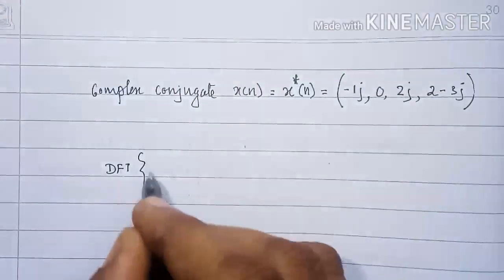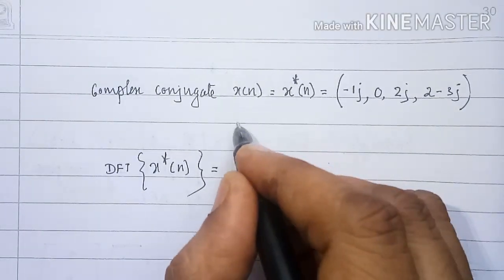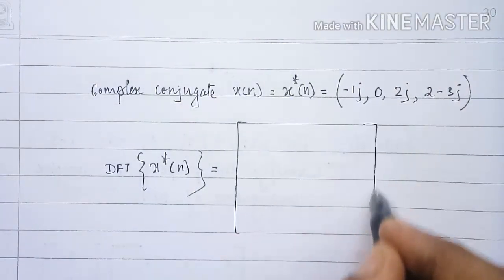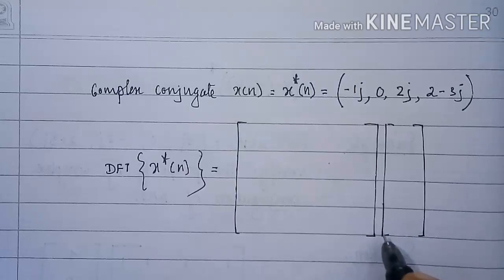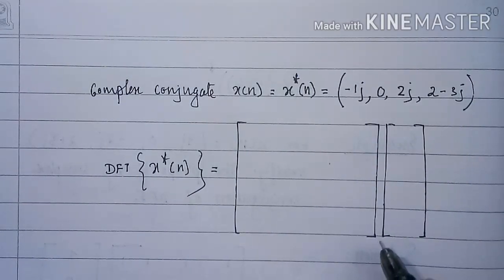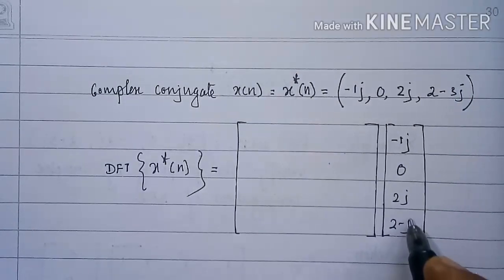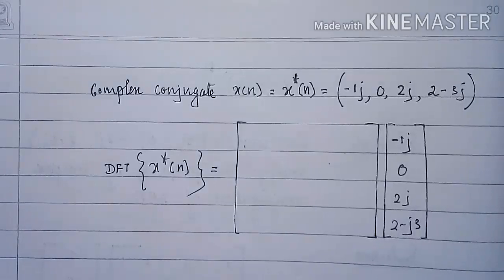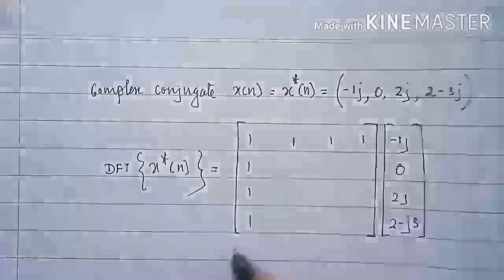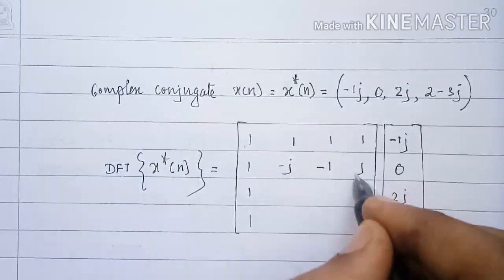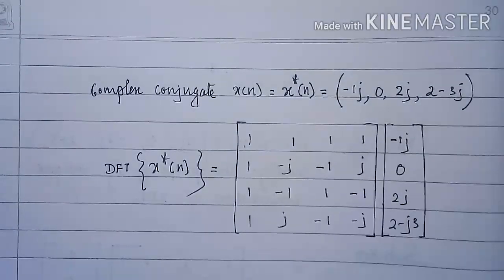DFT of x complex conjugate of n is equal to the twiddle factor matrix into x complex conjugate of n, that is minus j, 0, 2j, 2 minus 3j, with the matrix of 1, 1, 1, 1, 1, minus j, minus 1, plus j, and so on.